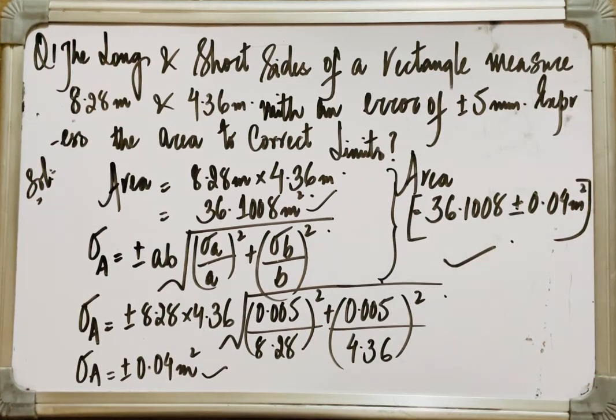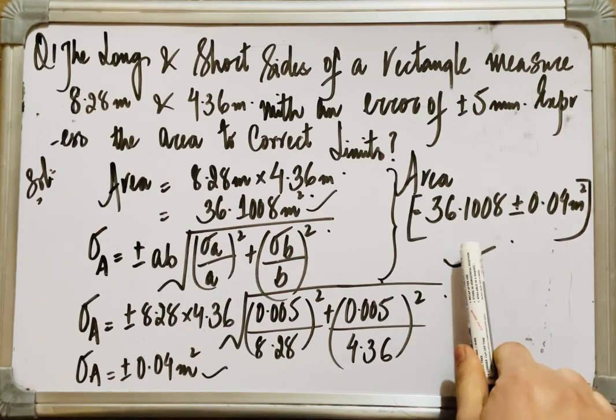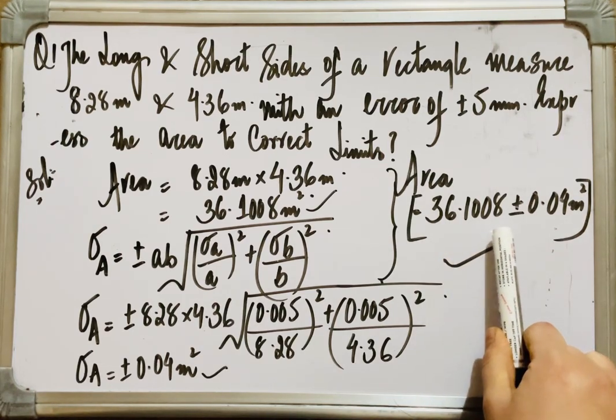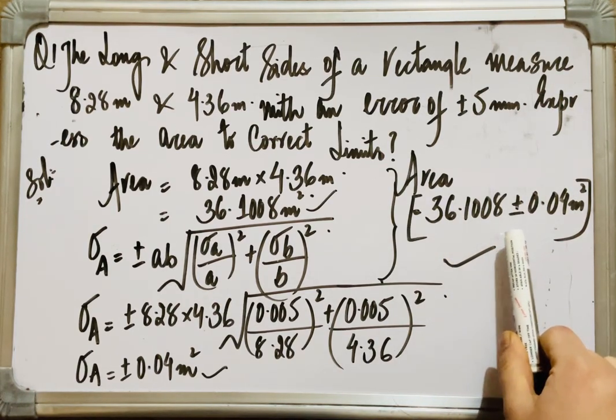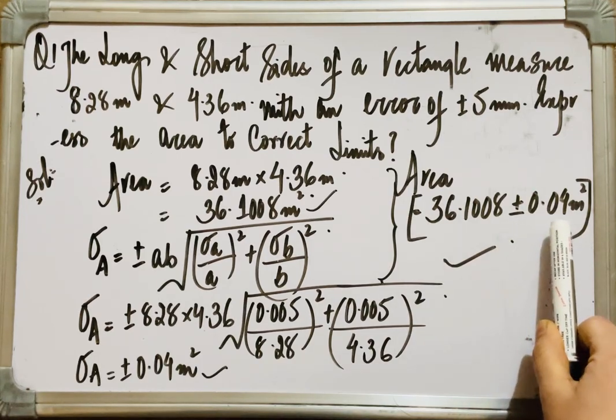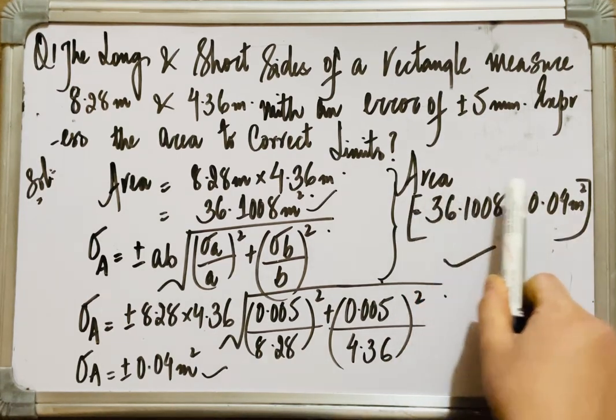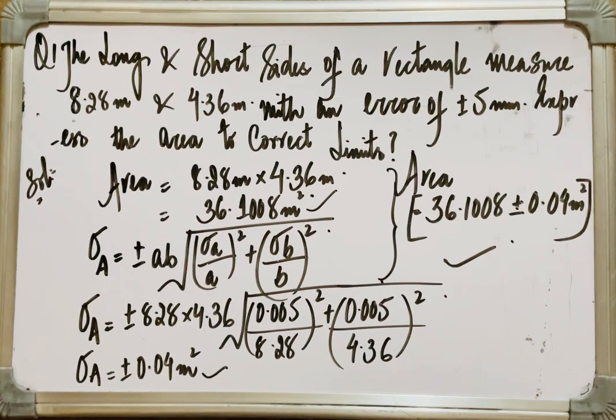All right, so I have expressed the area to correct limits. It is 36.1008 plus or minus 0.04 meters square. It lies somewhere between the two values. Its limits are between plus and minus 0.04 meter square.